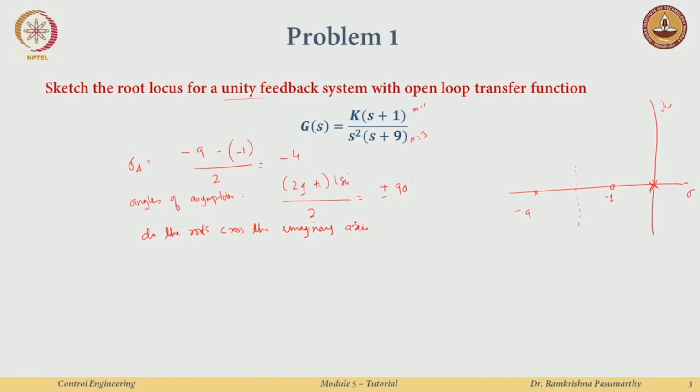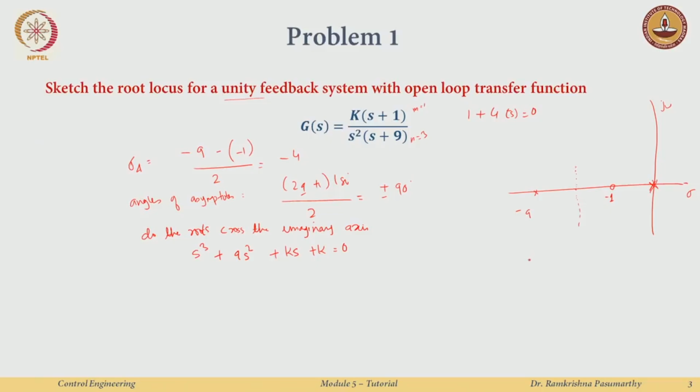So, I just write down the characteristic equation of 1 plus G of s equal to 0, and this gives me s cube plus 9 s square plus k times s plus k equal to 0. And let us see when this actually meets the imaginary axis.